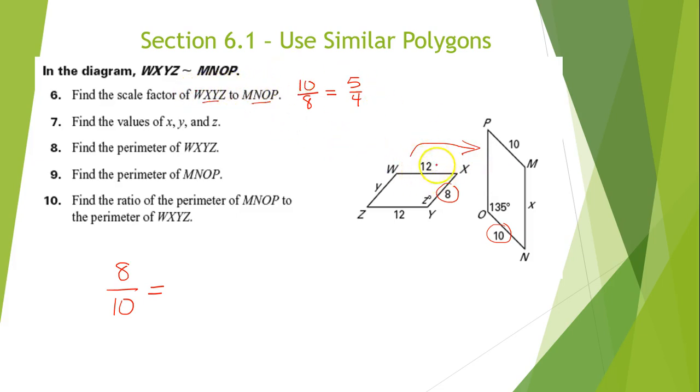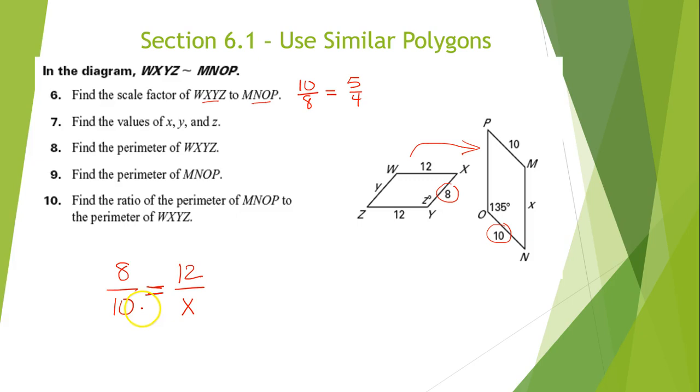Side WX is 12, so say 12 over X. So here we have a statement of proportionality that is an equation too. We can solve for X by cross multiplication. So this is how I would do it.